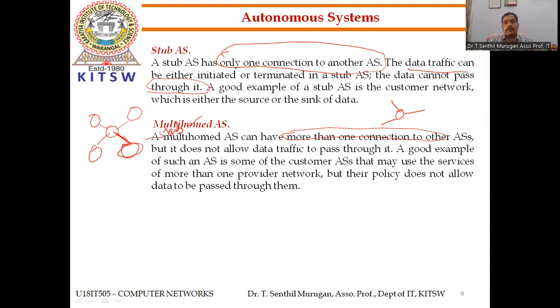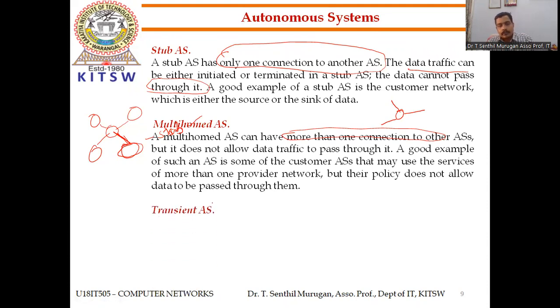It is not permitting transit of data. For example, a multinational company: some offices may be in India, some in the US, some in the UK. They may be connected, but this network is not providing services for other autonomous systems. It is not permitting data to be transferred through this network. So that is a multi-homed autonomous system.